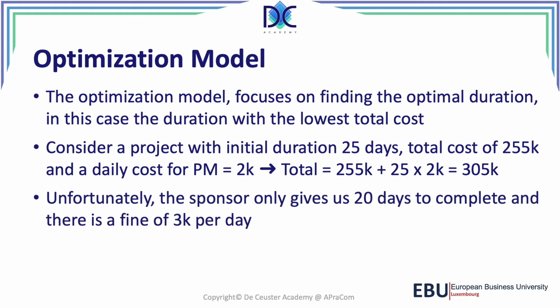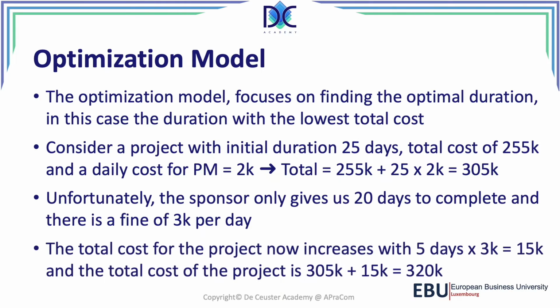Now, the sponsor only gives us 20 days to complete the project, and there is a fine of 3K per day. Now, we have to add the fine, so we are 5 days late at 3K, and we have to add those 15K to the 305K cost of the project, which brings us a total cost of the project of 320K. Now, this is not so good because we're late and we want to see what we can do about this.